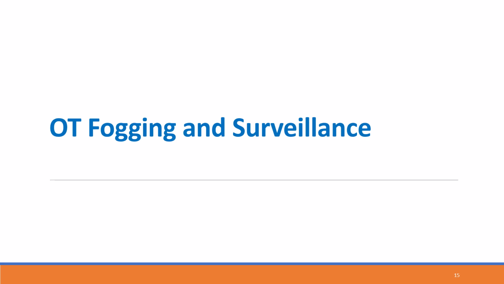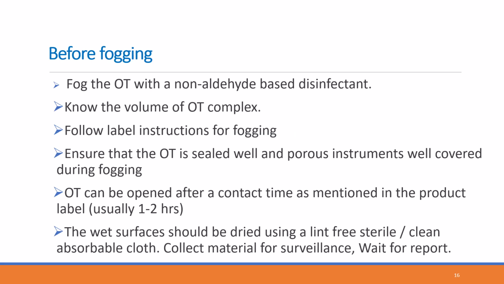Now we will see about OT fogging and surveillance. Before fogging, clean the OT with an aldehyde-based disinfectant. Know the volume of the OT complex. Follow label instructions for fogging. Ensure that the OT is sealed well and porous instruments are well covered during fogging.